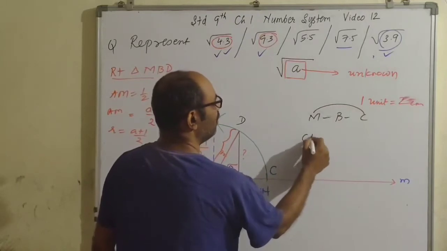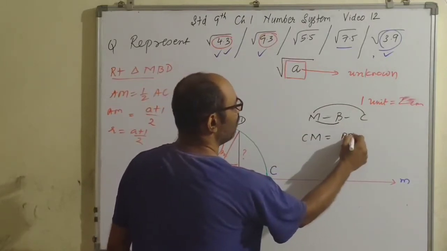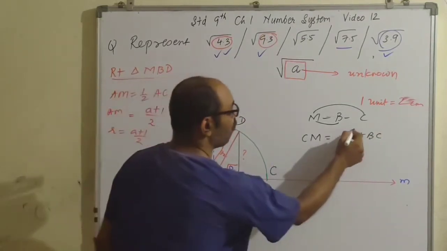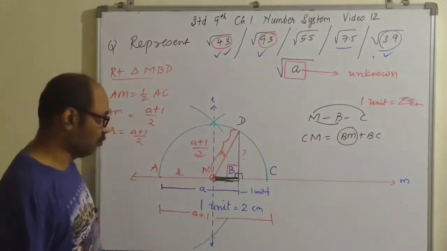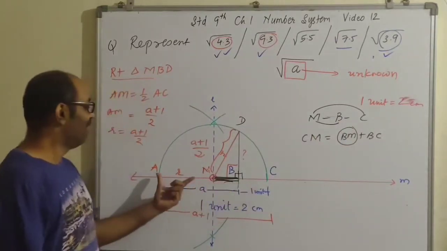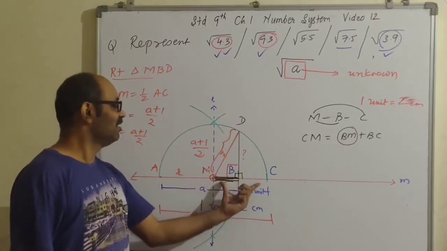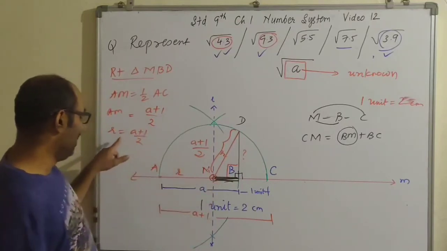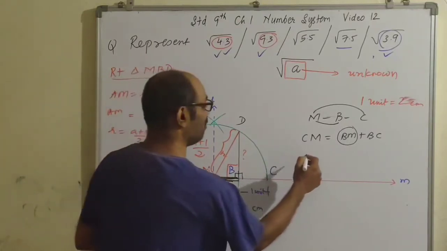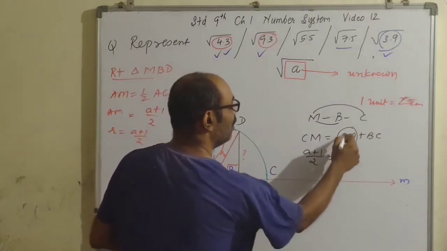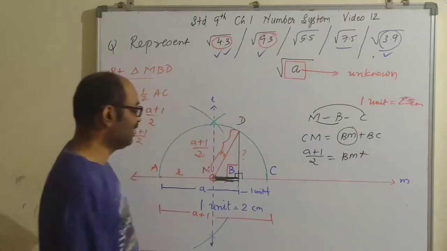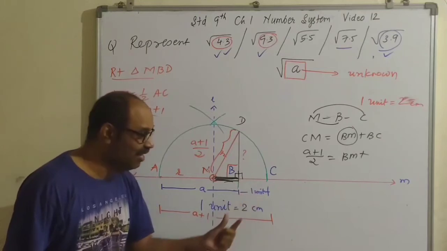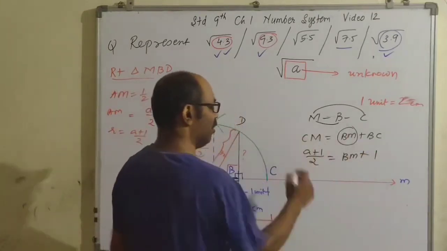So CM is equal to BM plus BC. What we want is BM. So we should know the next two. What is CM? AM, CM, BM, they are radii. So how much is the radius? (a plus 1) by 2. So CM is (a plus 1) by 2. BM plus BC. Can you tell me how much BC is? 1 unit. So I'll write plus 1. Take 1 on the other side.